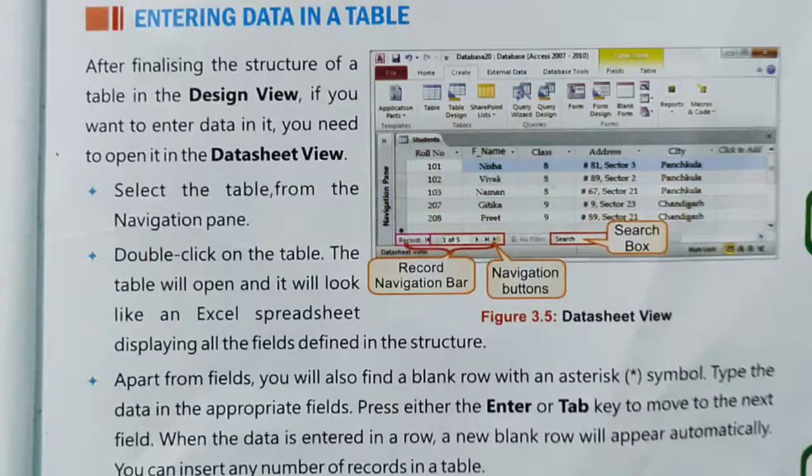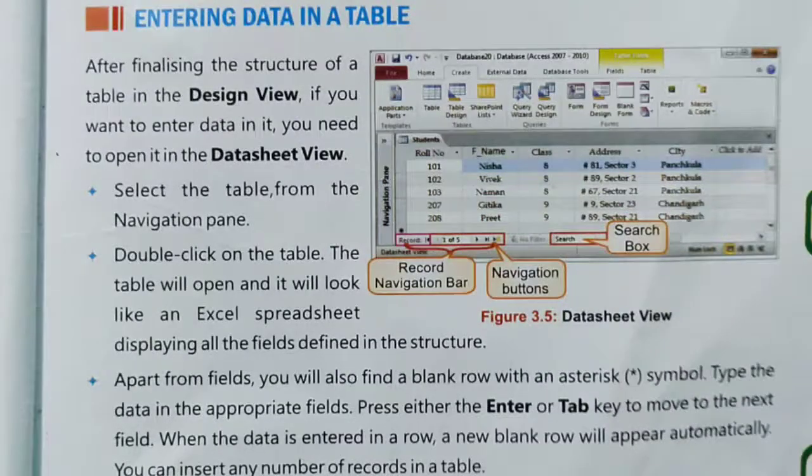And apart from the fields, you will also find a blank row with a star symbol. A star means asterisk symbol. Okay, and type the data in the appropriate field.